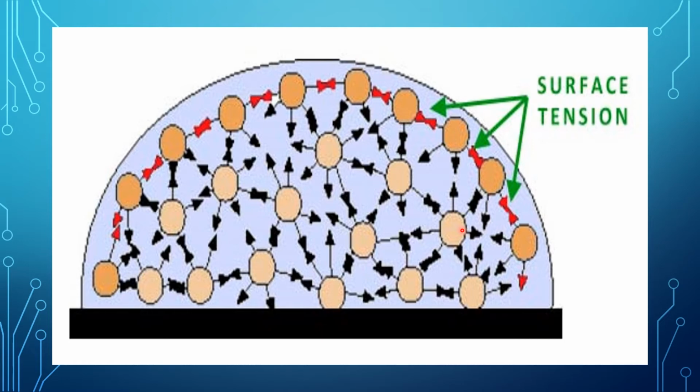Hydrogen bonds ang na-form niya. In hydrogen bonds, the partially positive hydrogen will be attracted to the partially negative oxygen. And that's the reason maybe they will form like this, because they will be attracted to one another like that. Kaya nagfo-form siya. Bakit nagfo-form ng ganyan? We will know deeper.